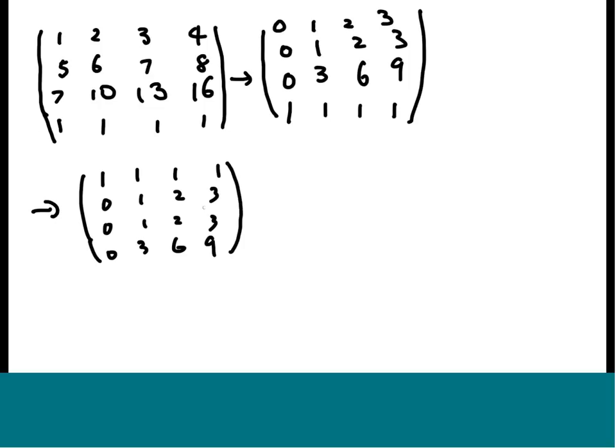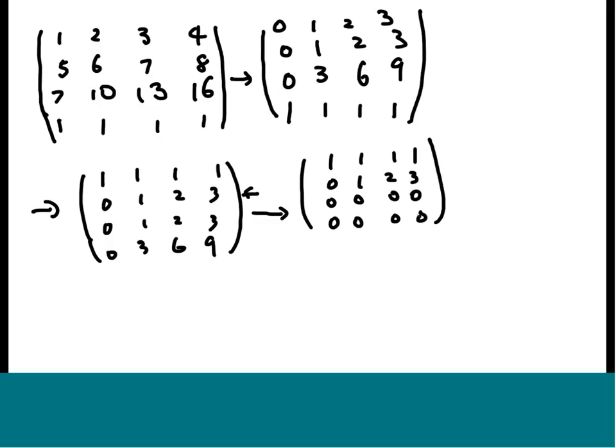Then I use the second row, multiply by minus 1, and get 1, 1, 1, 1. Then I get 0, 1, 2, 3. Then I get 0, 0, 0, 0. I multiply by minus 3, so 0, 0, 0.